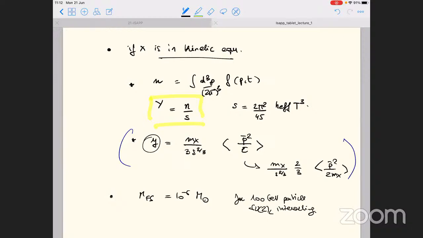Essentially, how you compute the free streaming scale, everything in this discussion when you are talking about free streaming, is directly related to kinetic decoupling.